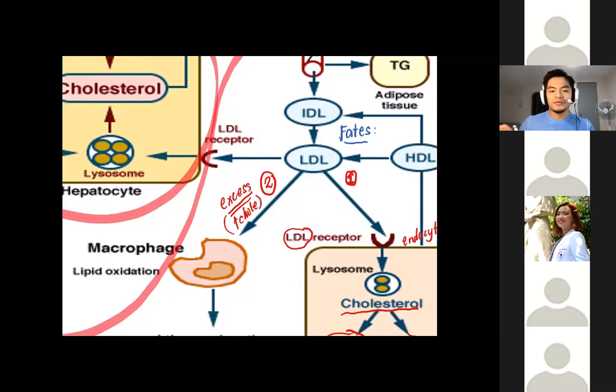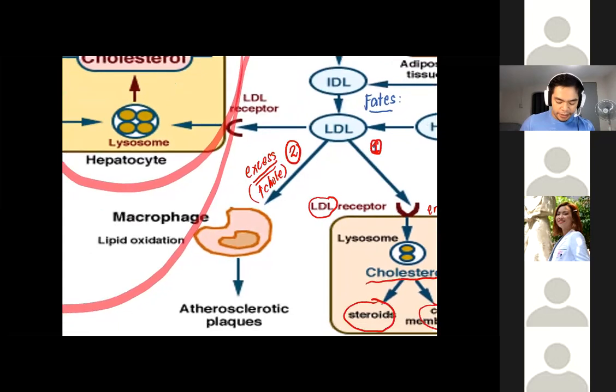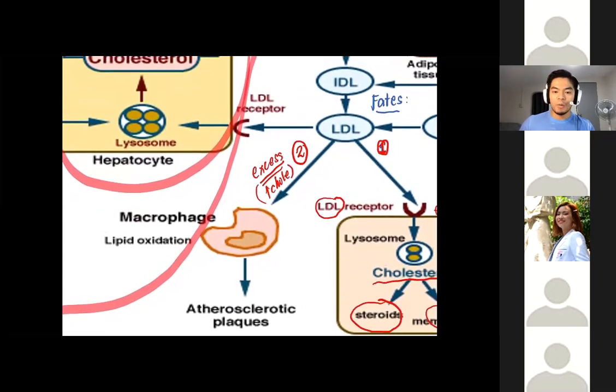Now, kapag freely circulating siya sa katawan natin, chances are, this excess LDL could deposit in the intima of the arteries. Okay, so pwede silang ma-deposit sa intima ng arteries. So intima are arterial walls, okay?